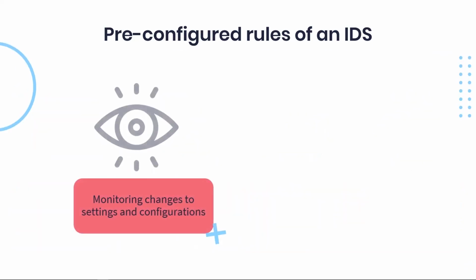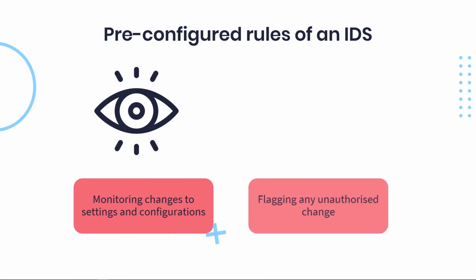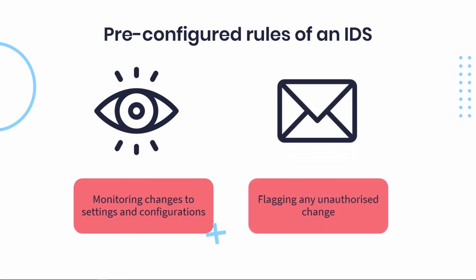It also monitors changes to the system settings and configurations on the network, and flags any unauthorized change that is detected to the administrator. When both IPS and IDS are active on a network, attacks like zero-day exploits can be mitigated, even though threat actors are always finding new ways to evade detection.